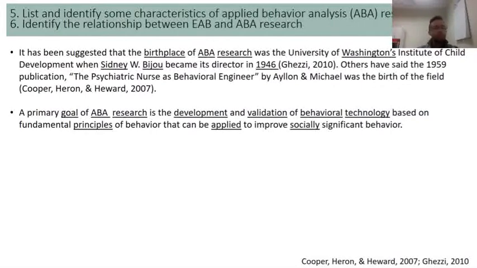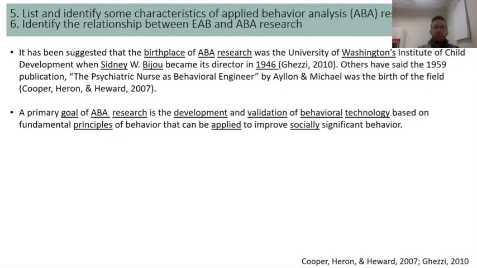For example, the use of prompting, prompt fading, the use of chaining procedures, the use of task analyses to break down complex behaviors or behavior chains into their component parts, so you can target them one at a time. The use of discrete trial training, pivotal response training, incidental teaching.